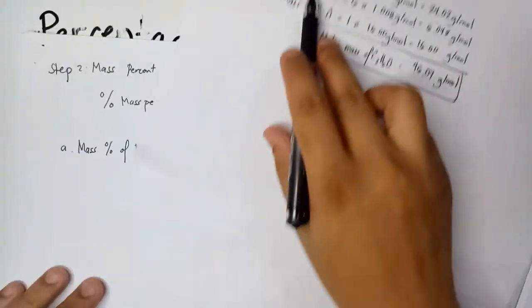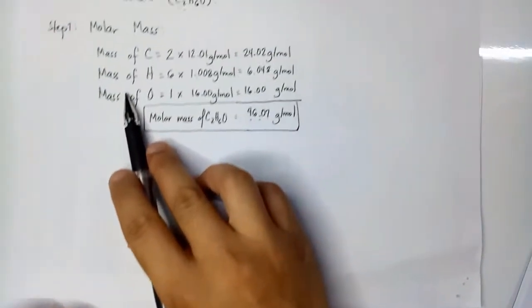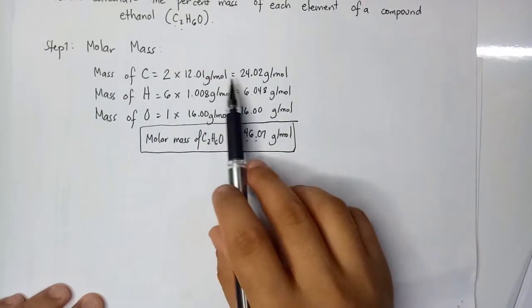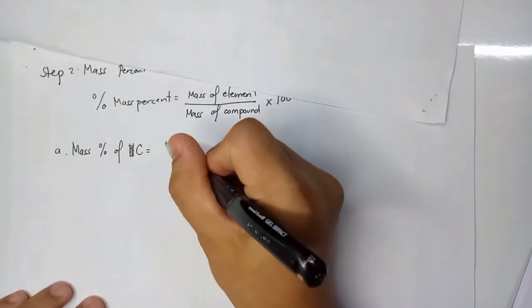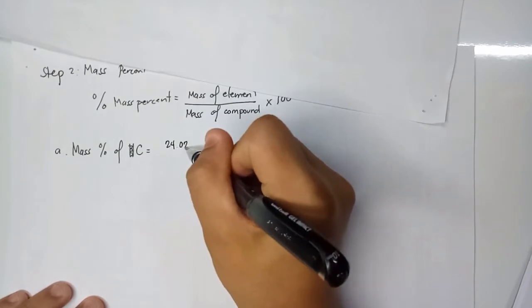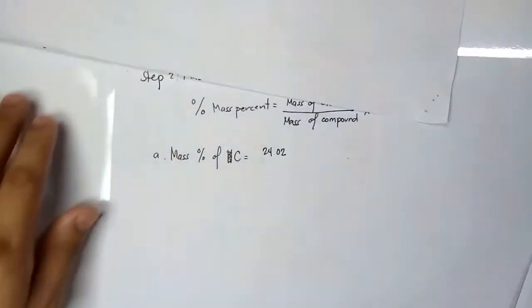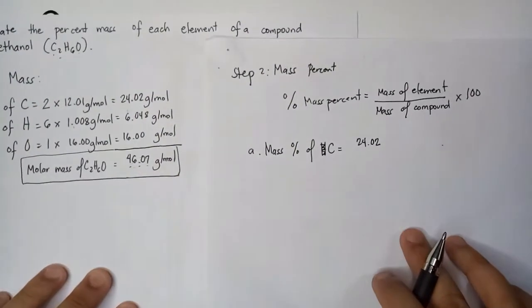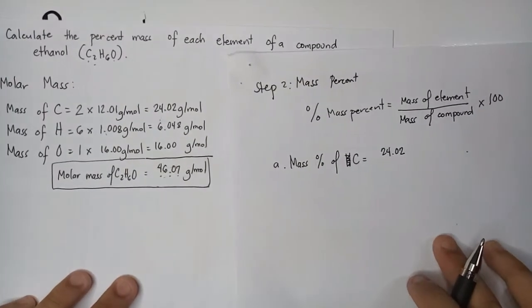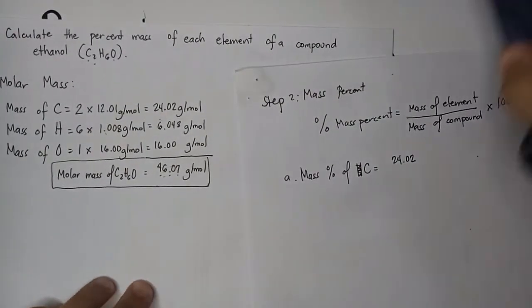Anong kanyang mass of element? The mass of element ng carbon ay 24.02 gram per mole. Sulat natin, 24.02 gram per mole, para kitang-kita nyo siya.